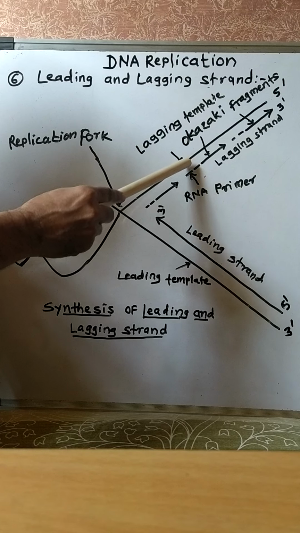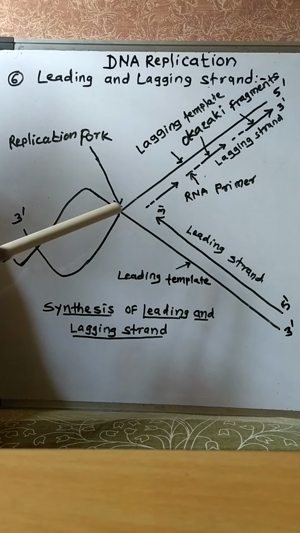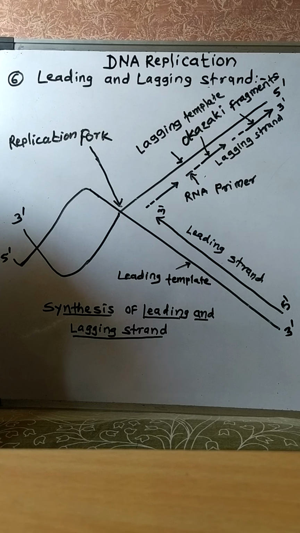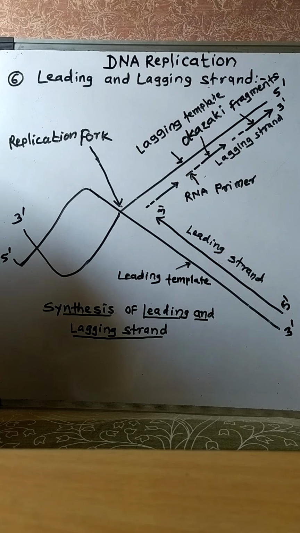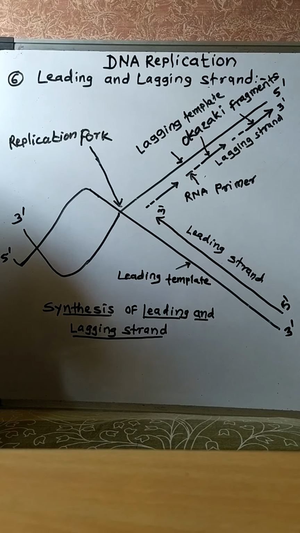In case of eukaryotes, this is controlled by DNA polymerase alpha enzyme. In case of prokaryotes, the RNA primer is replaced with DNA sequence by using which enzyme?